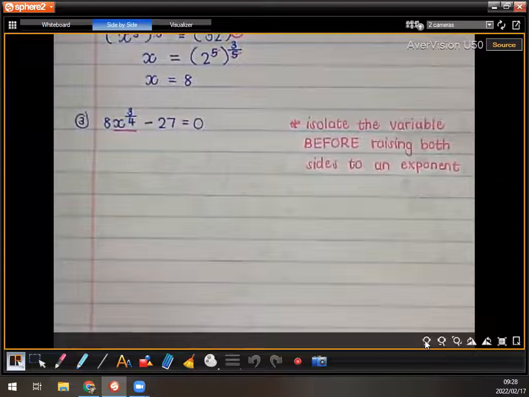But now we get x. Yeah, we're gonna do that with x.